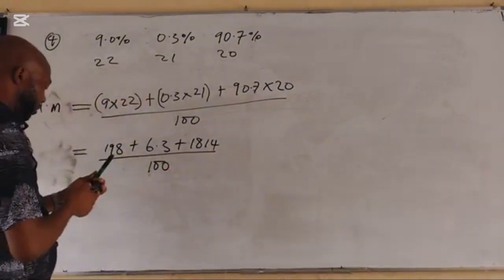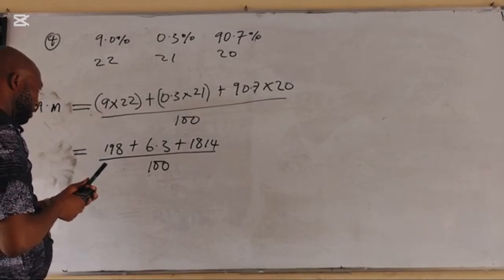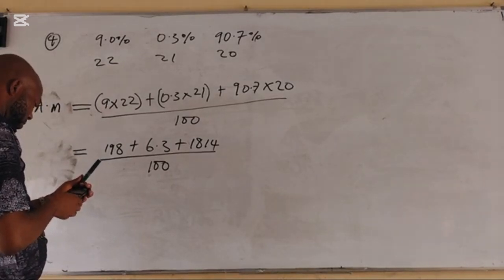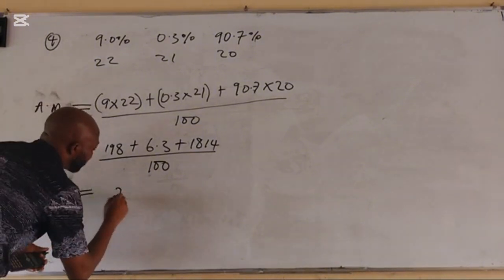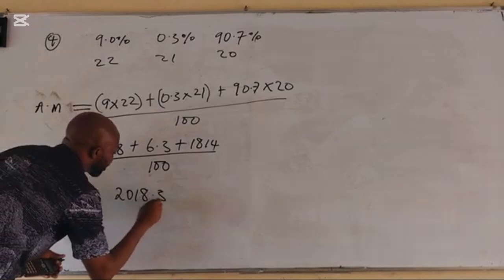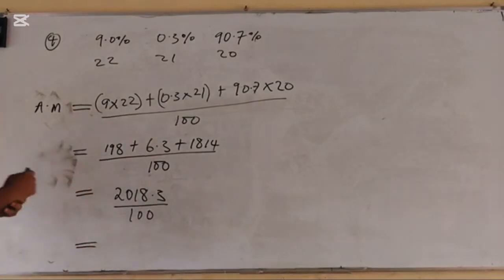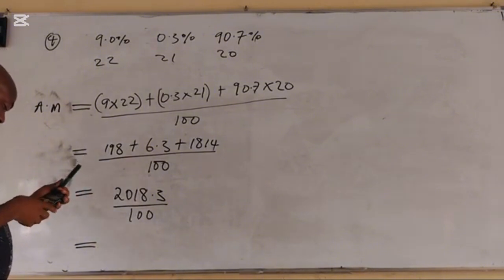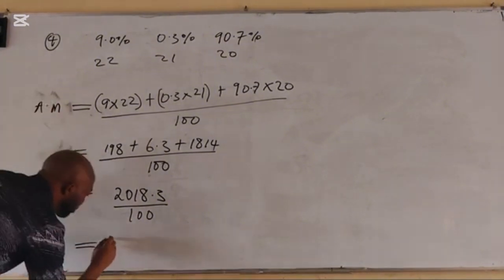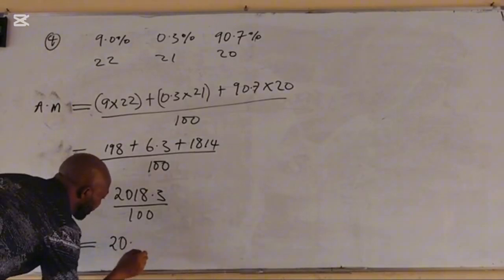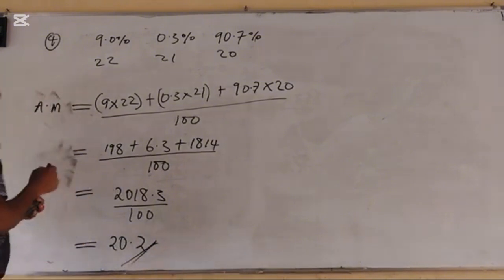So we add 1814 plus 6.3 plus 198, which equals 2018.3 over 100. And the atomic mass of the element X, when we divide by 100, is 20.18. Okay, 20.2 approximately.